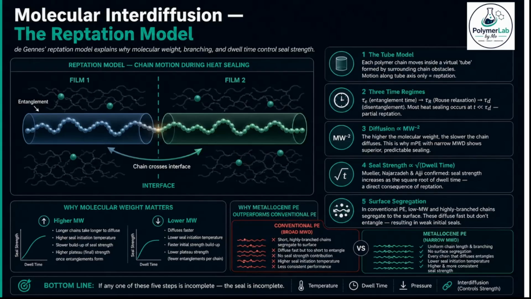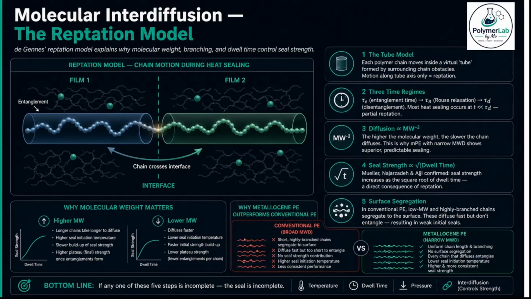The most important model for understanding molecular interdiffusion in heat sealing is the Reptation model. This model will explain why molecular weight distribution and chain branching have such large effects on seal performance. The Reptation model says this: a long polymer chain cannot move freely in all directions because it is surrounded by other chains.